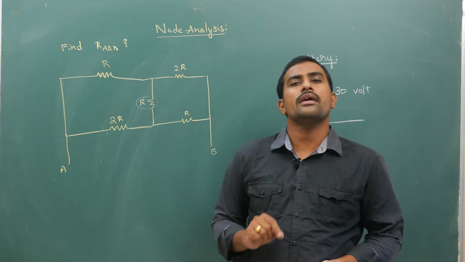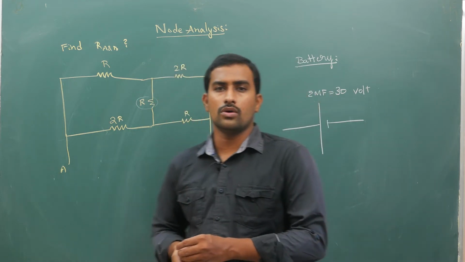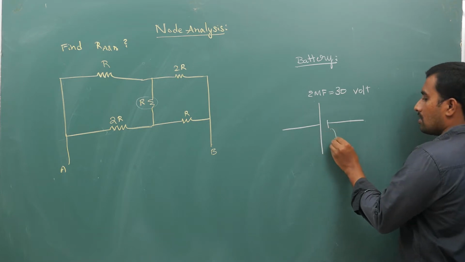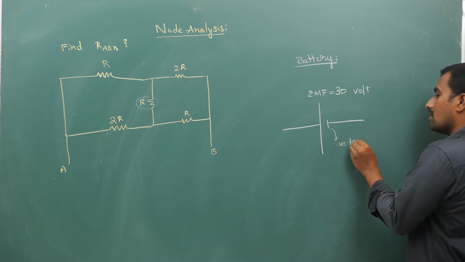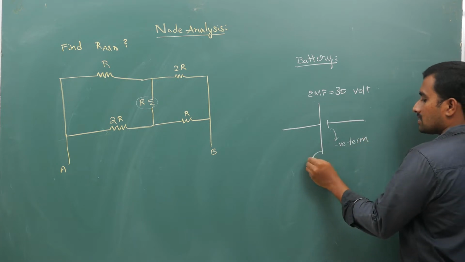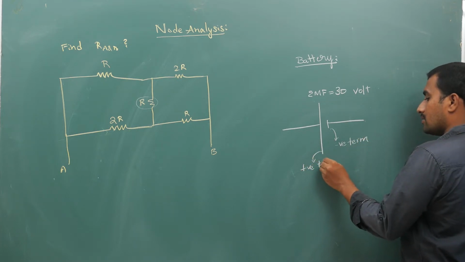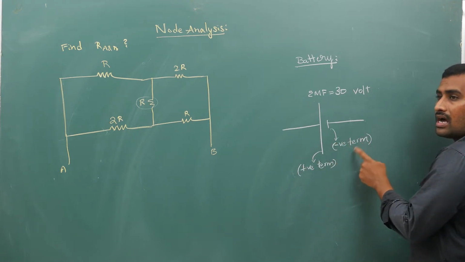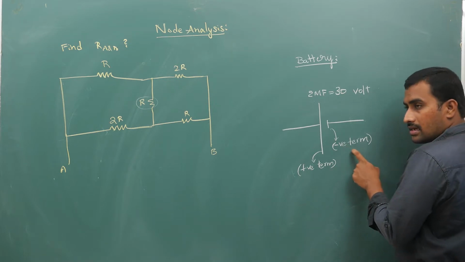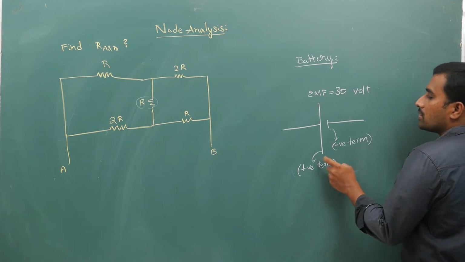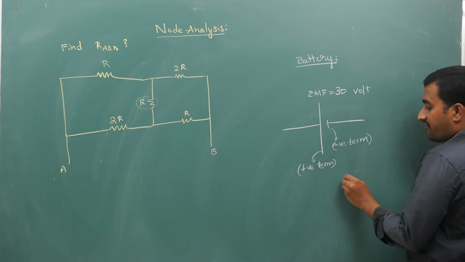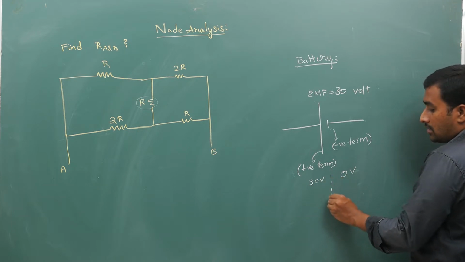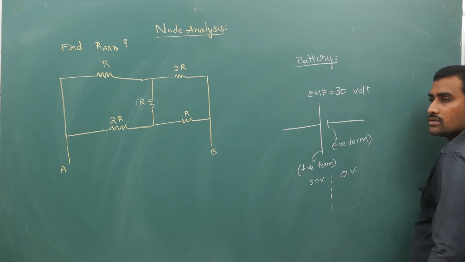Now this battery has two terminals, one is the negative terminal and the other is the positive terminal. If the negative terminal here is at 0 volt, the positive terminal will be 30 volt, so that difference is 30 minus 0 equal to 30.